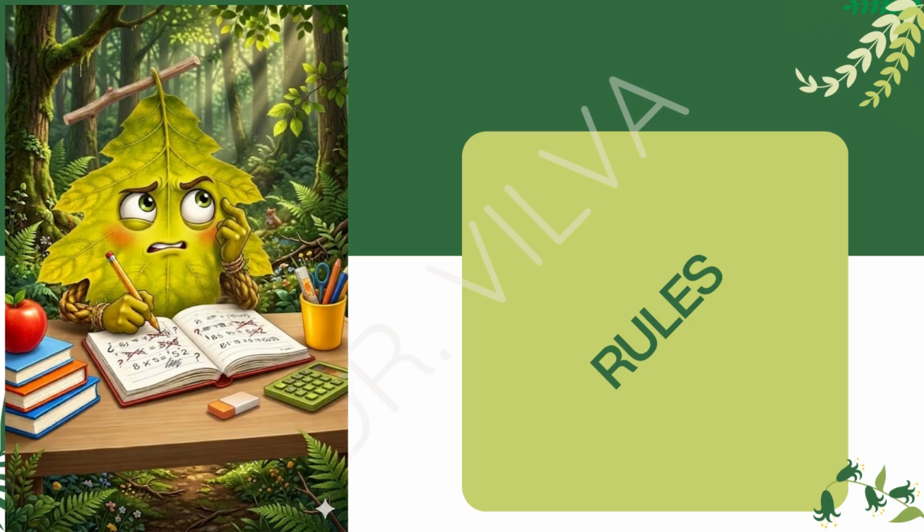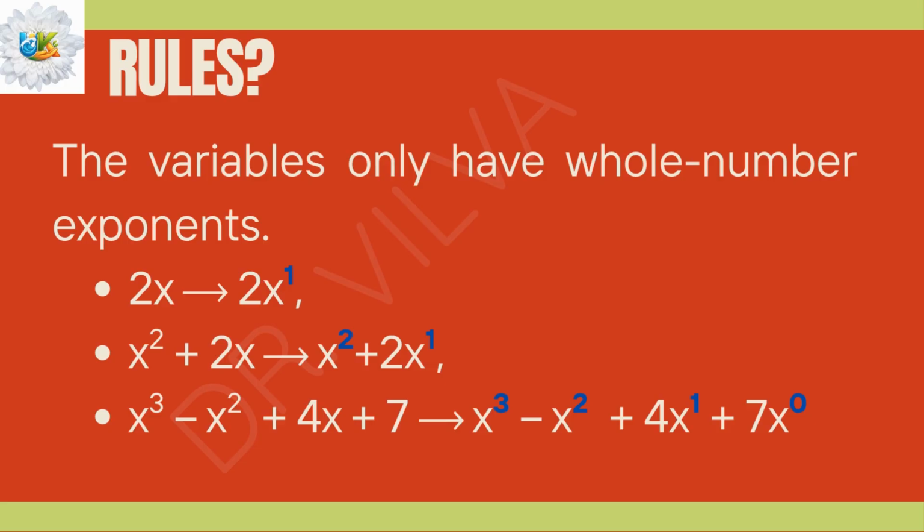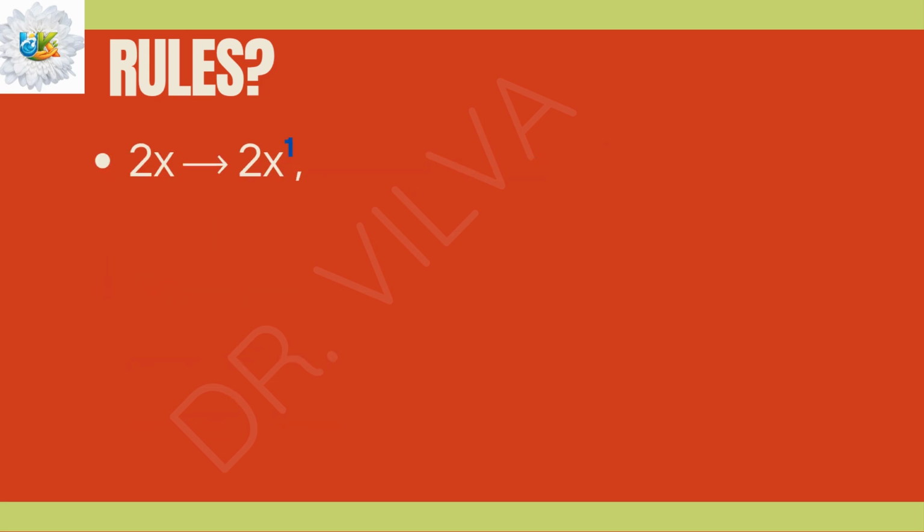Think of a polynomial as an expression made up of terms like x square or 4x added or subtracted together. What is the key rule? The variables only have whole number exponents. We will see some examples.